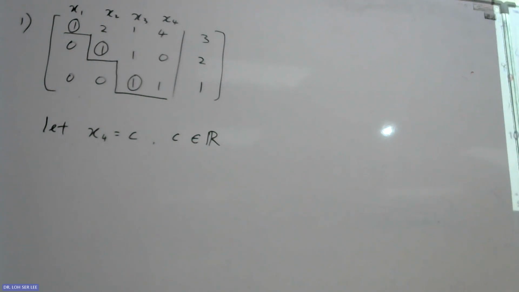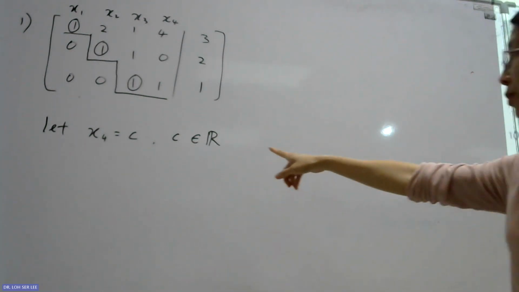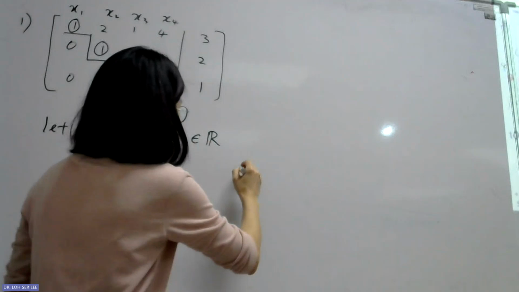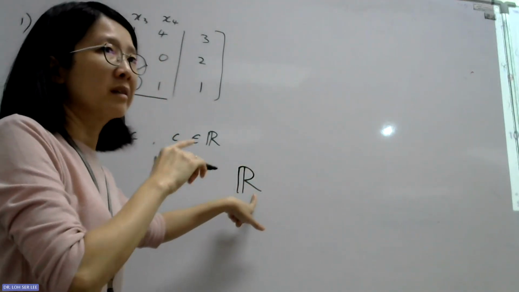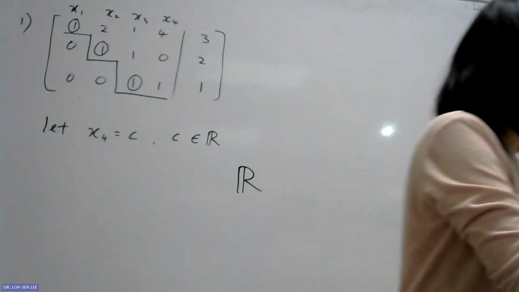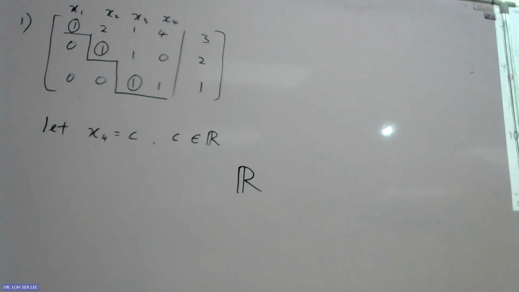When I write, I put a double line. This denotes the real number system, just like what you see from the slide. When we type this, can you see the R?